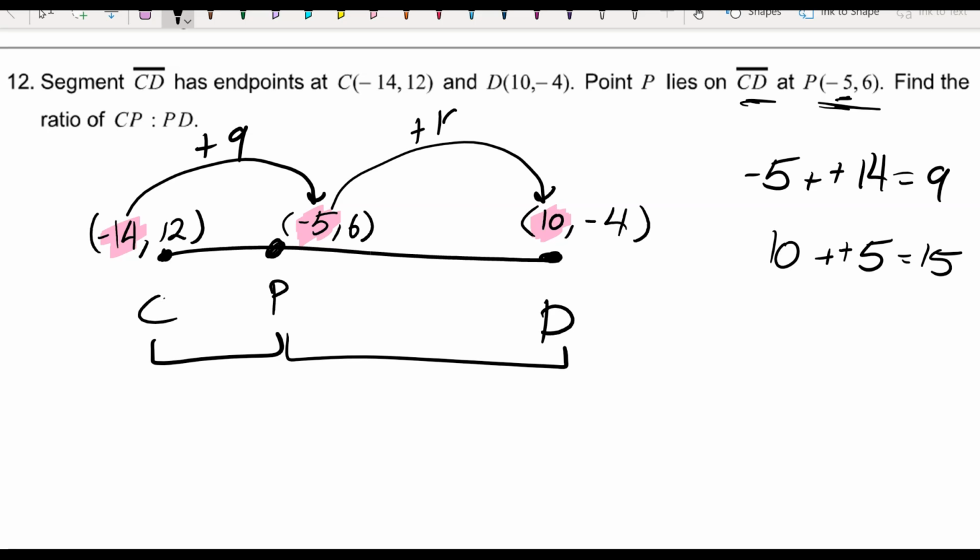So I've increased 15 units from there. So one way to represent this ratio would be 9 to 15. But a ratio by definition is in lowest terms, so I can divide both of those sides by 3 to find that the ratio is really 3 to 5.